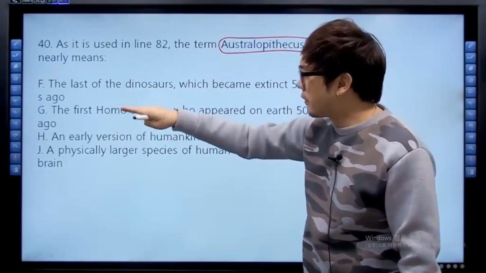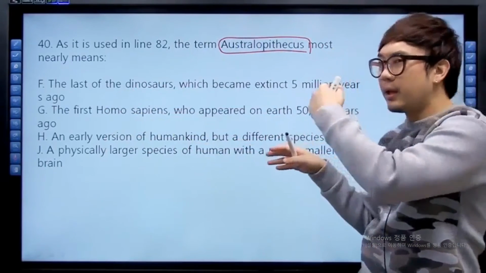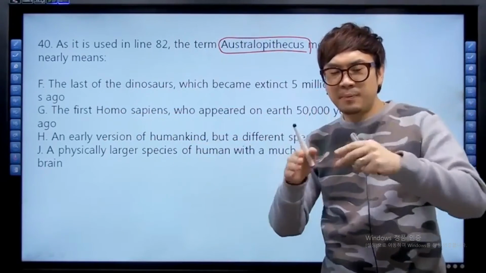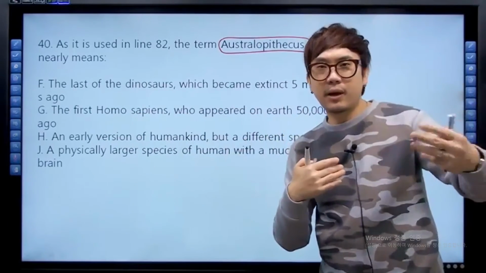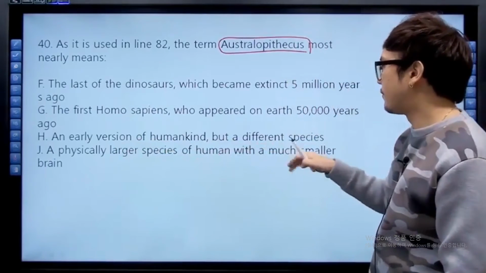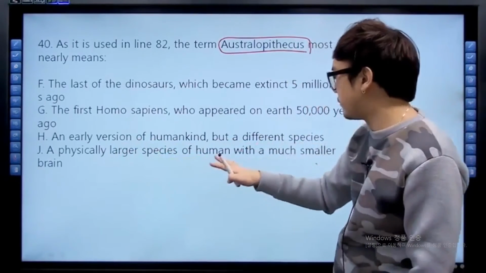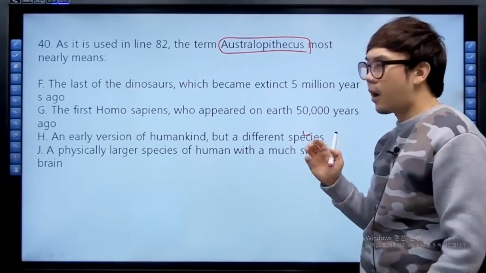The first Homo sapiens who appeared on Earth 50,000 years ago? Not really. We're talking about Australopithecus as the ape-looking human beings, or ape-looking ancestors, right? Early versions of humankind, but a different species, and a physically larger species of human with a much smaller brain. Now, this could be our answer.